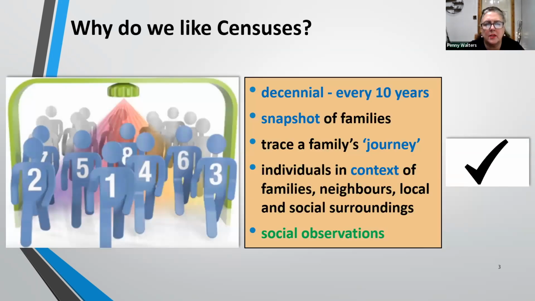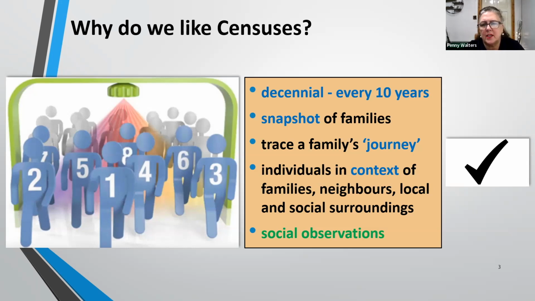So tonight I'm going to be talking explicitly about the 1921 census, but let's have a look at censuses generally. I think that we as a community like censuses because usually, at least in the UK, they're held every 10 years. And this gives us a really interesting snapshot of families on one day every 10 years.